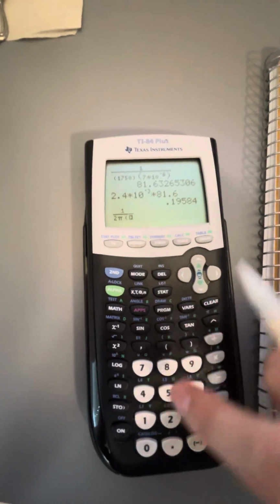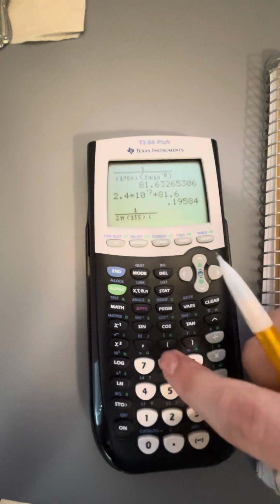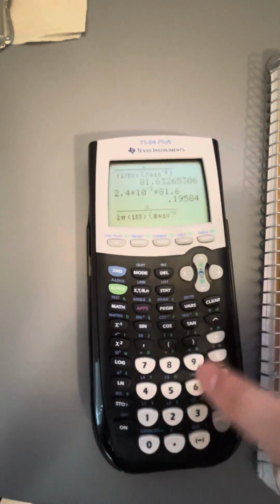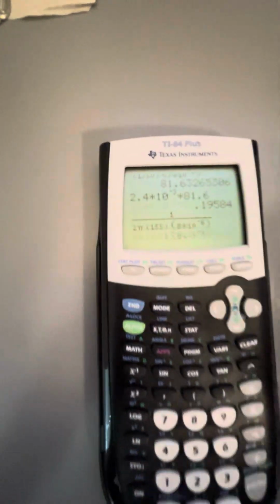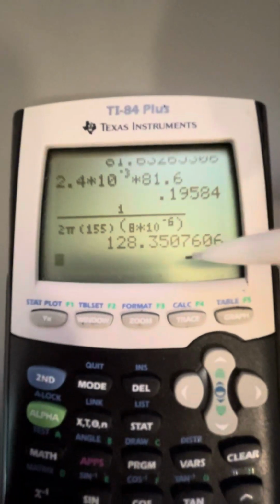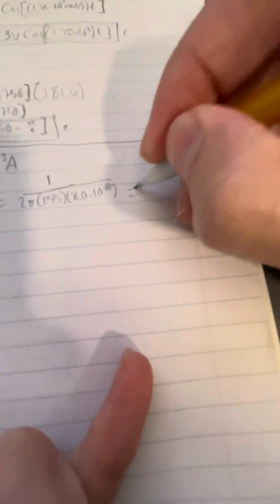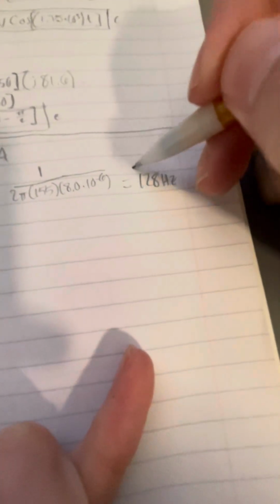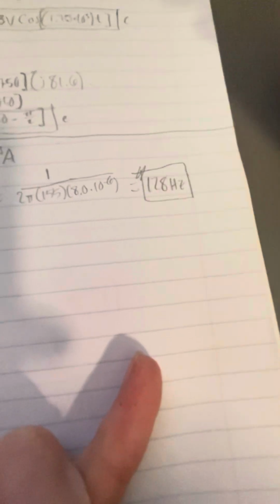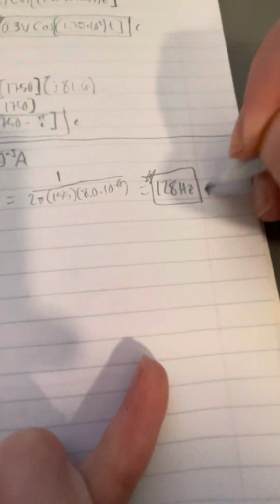And that gives us, just to round to a whole number here for the frequency, 128 hertz. Part F.